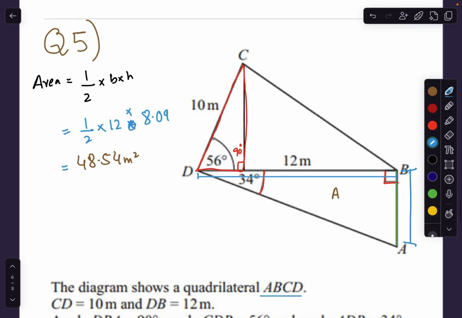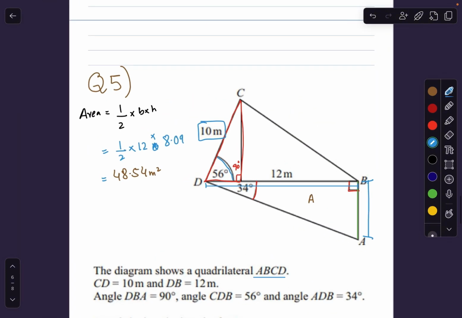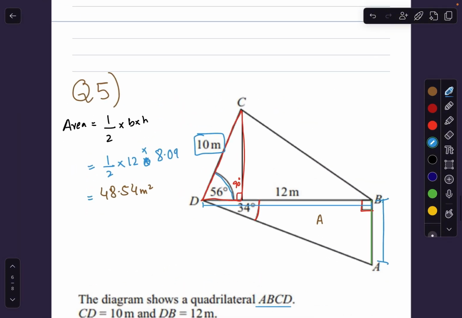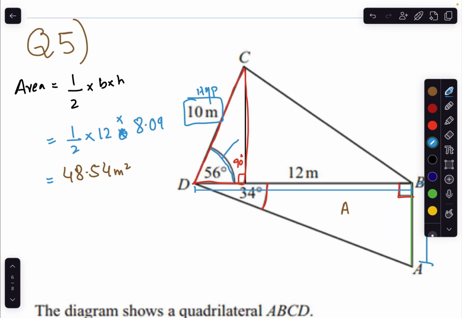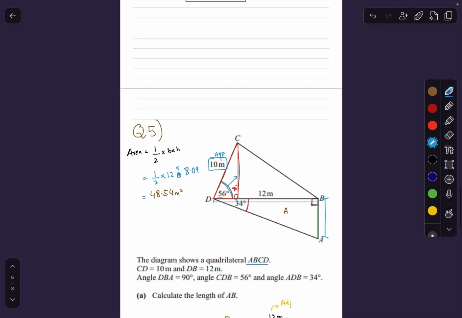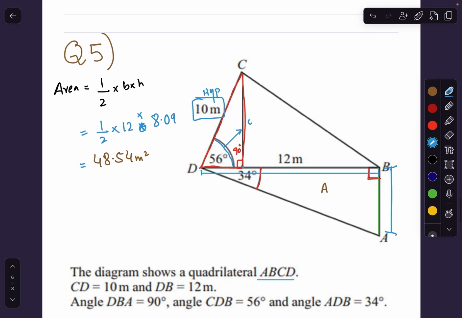We have been given one angle, which is 56, and one length, which is 10 meters. This 10 meters is the hypotenuse, and what we are finding out is the side that is opposite to the angle. So the angle is 56, the opposite side is the height going towards the point here. So for finding this one out, we are going to find the opposite.